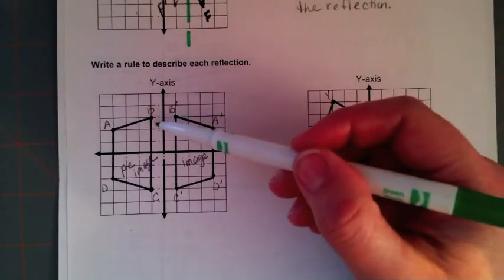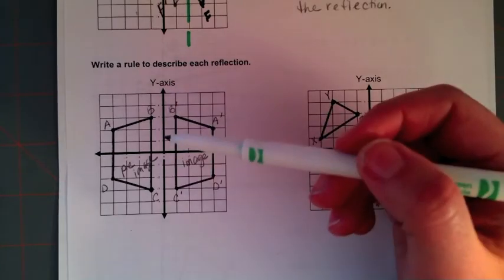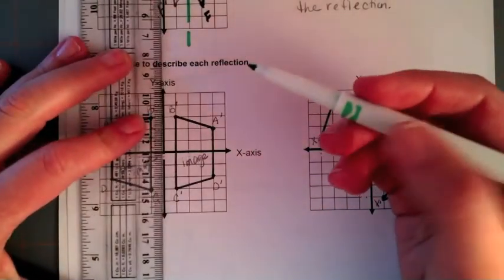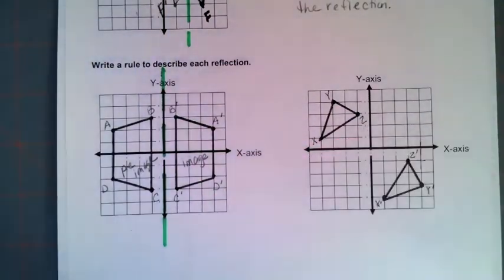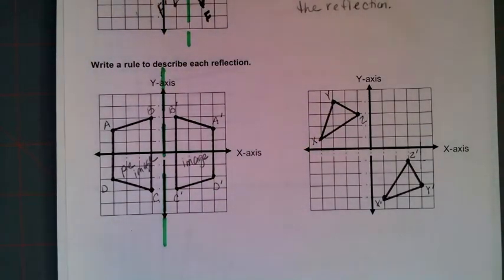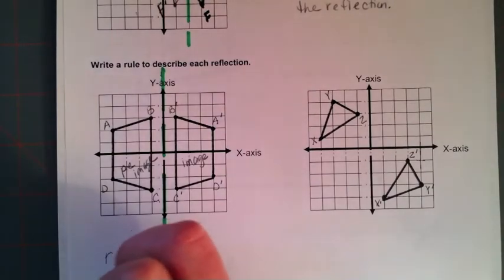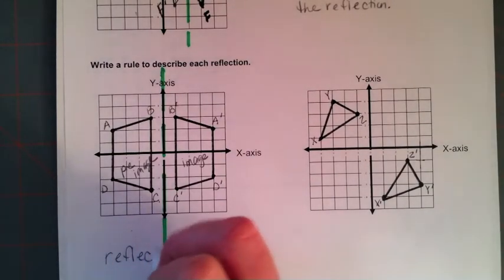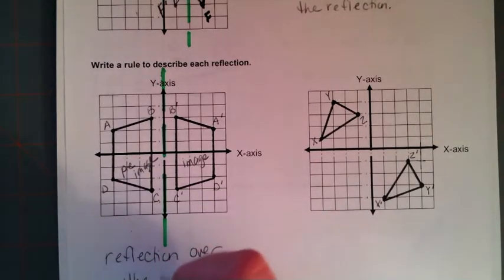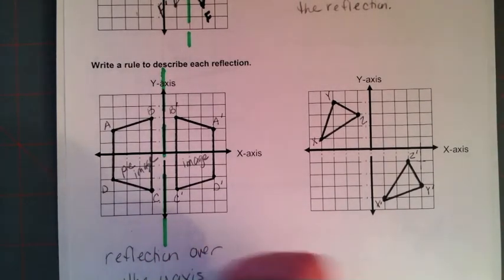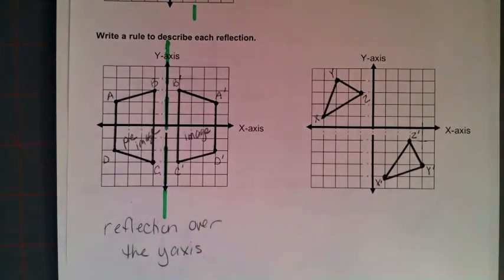All the points are equal distance on opposite sides along the y-axis. Right here is my line of reflection. It's pretty easy to see. So this would be a reflection over the y-axis. So that's how you would write that rule. It's a reflection over the y-axis.